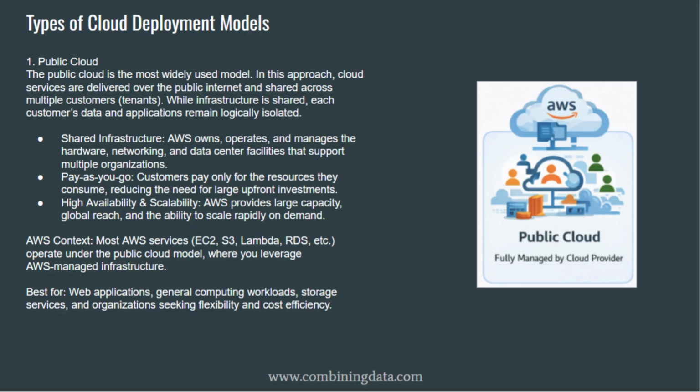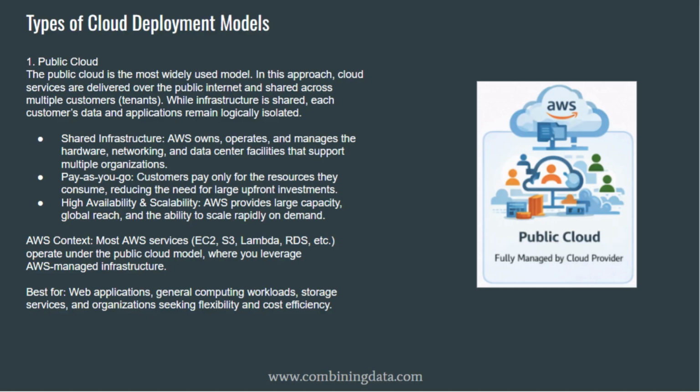High availability and scalability. The public cloud also provides massive scalability and high availability. AWS operates a global infrastructure, with regions, availability zones, and edge locations around the world. This allows customers to scale resources up or down in minutes and deploy applications close to users for better performance.